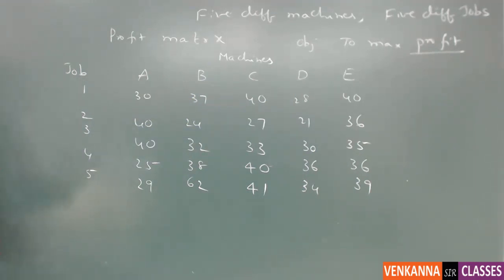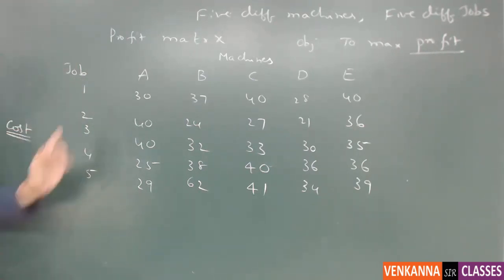So my objective is to maximize the profit. As and when you take the transportation problem or assignment problem, the algorithm is designed to find the minimum value, not the maximum value. So we are converting this profit matrix into the relevant cost matrix.